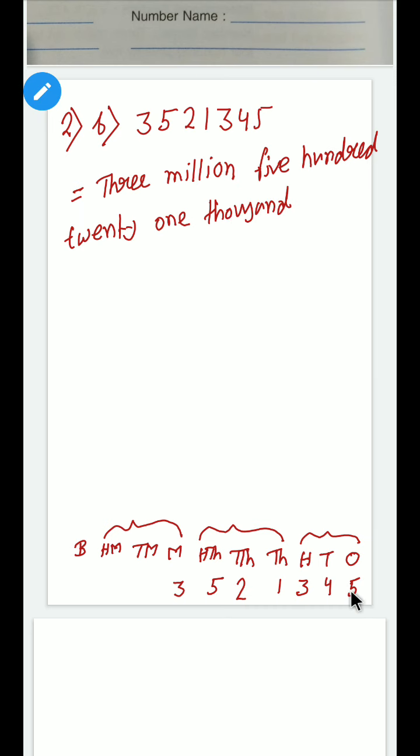Then 345 belongs to the ones room. So then write 345. So this is our answer.